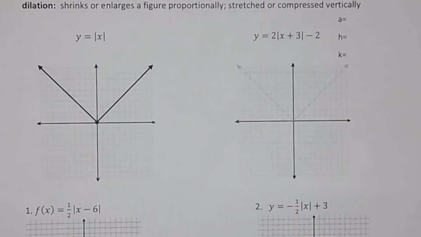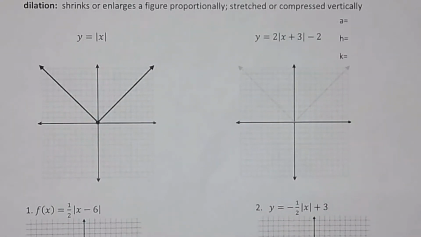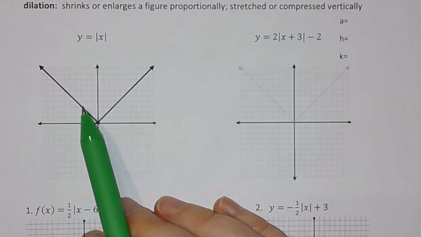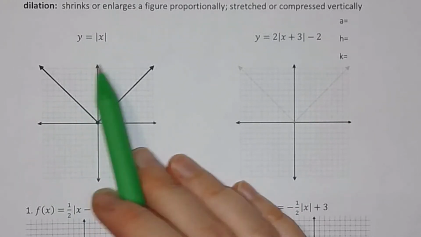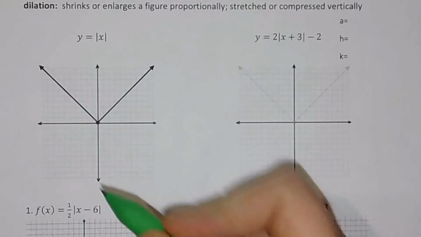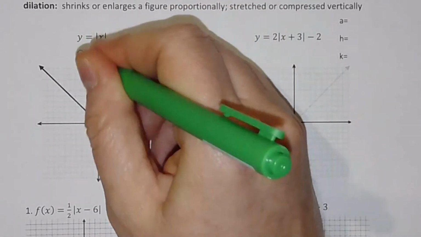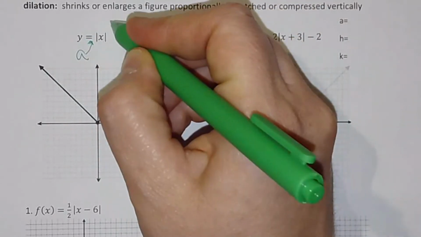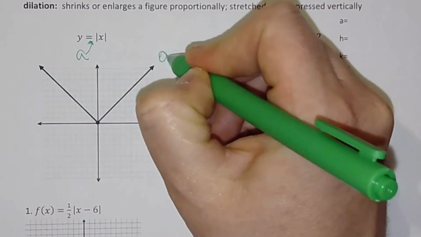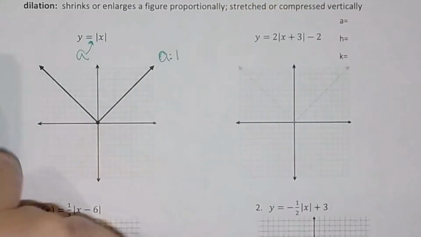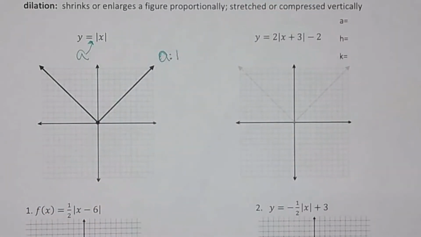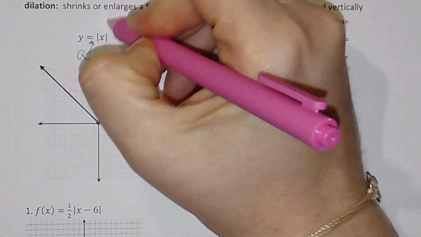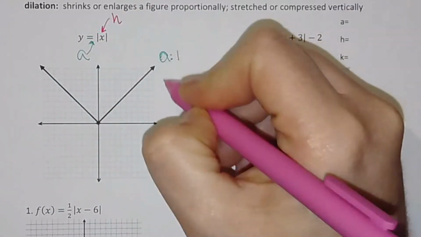So with our parent graph, we have values in it. So what we're going to do is look at a transformation and identify key ideas here. You have a, which is this value right here in front. That means a is equal to 1. We have our h value, which is in here.